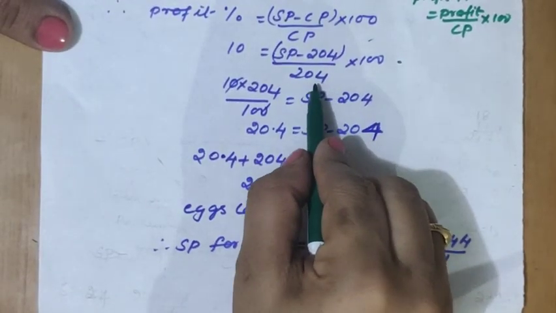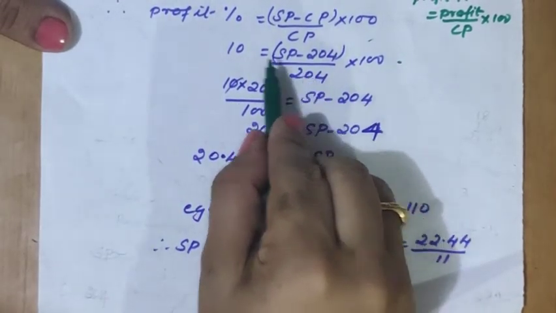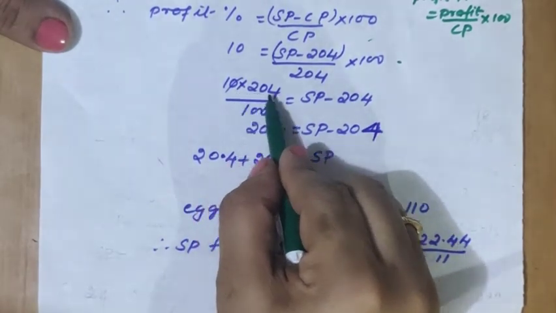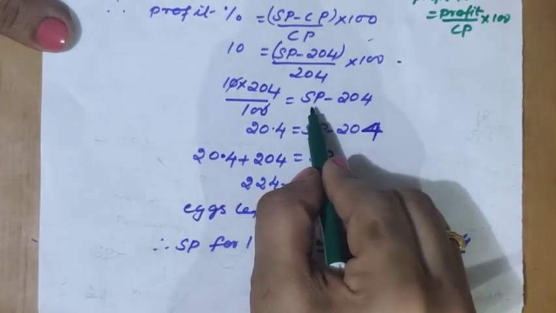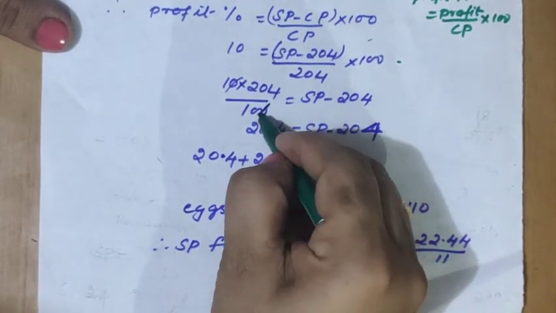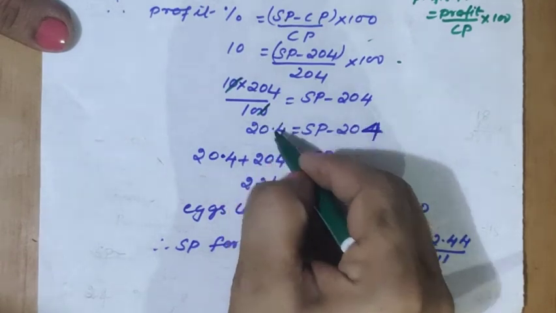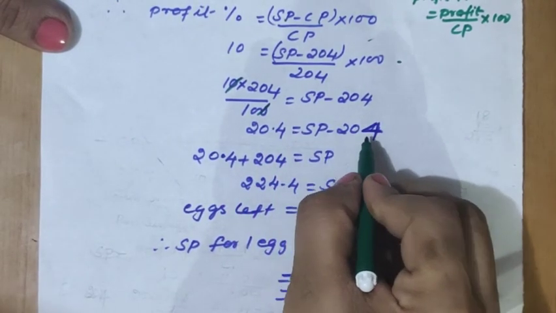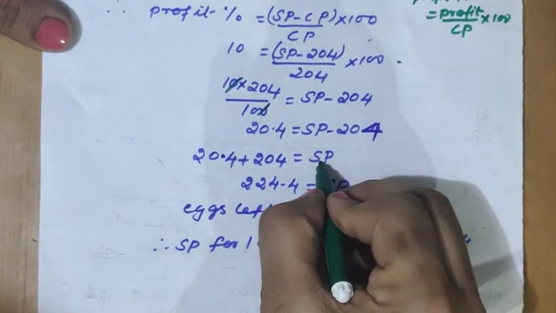What is the next step? Cross multiply. So 10 into 204 will come here, and 100 will go into the denominator. So 10 into 204 by 100 equals SP minus 204. Now you cancel a 0 here. Again, 204 divided by 10 can be written as 20.4 equal to SP minus 204. Now what is SP here?